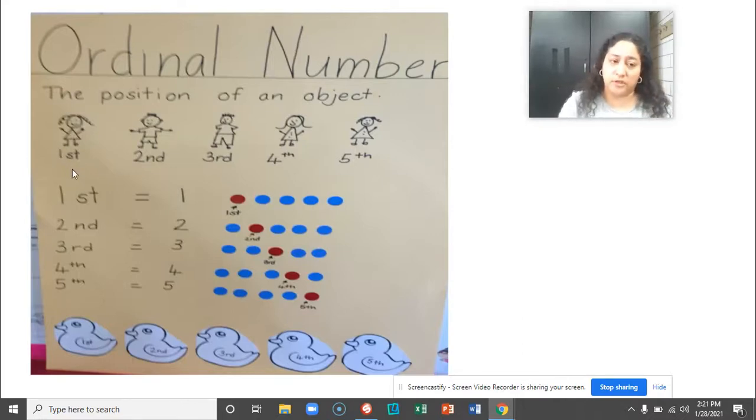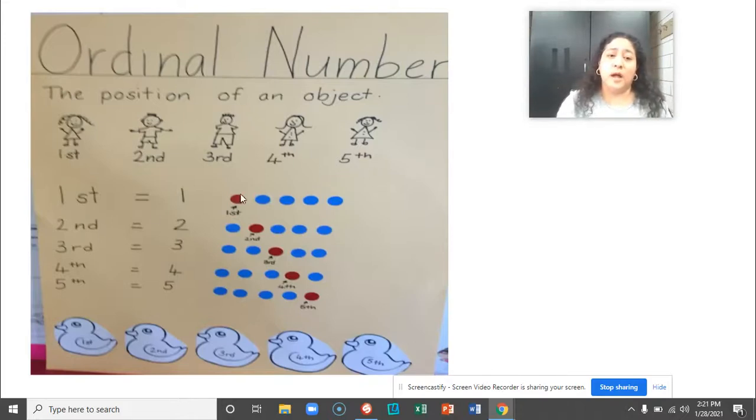And then we have another boy, and he's behind the little girl. Our line starts here and goes this way and ends here. So she's first. That means he's second in line. And this other boy, he's third in line. And this little girl is fourth in line. And this little girl is fifth in line. She's also the last one in the line.